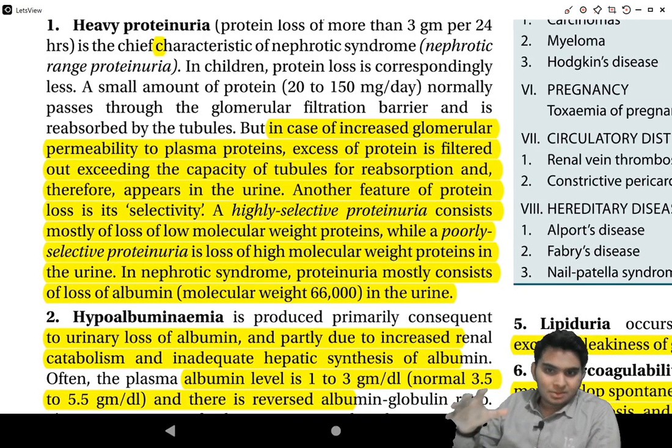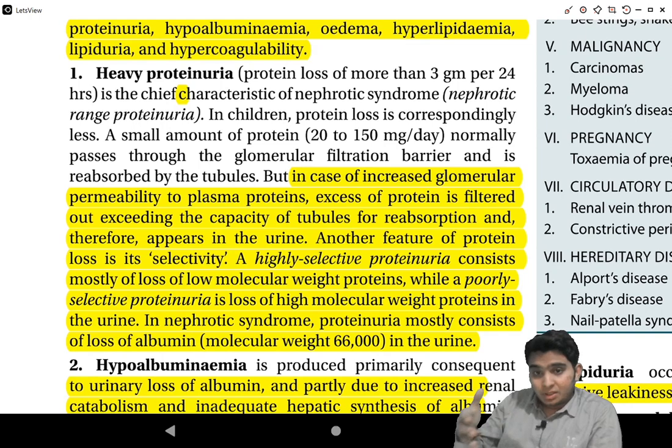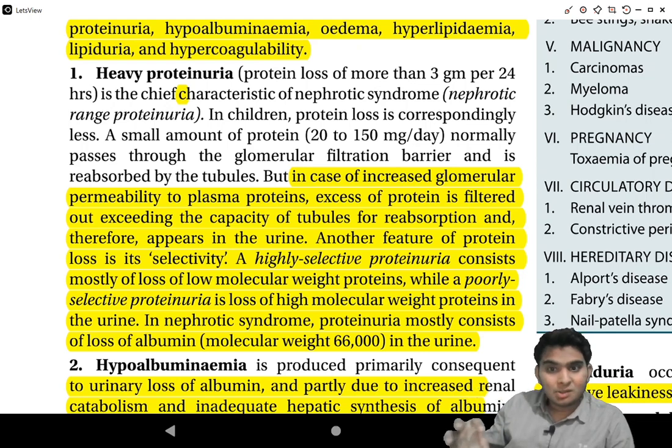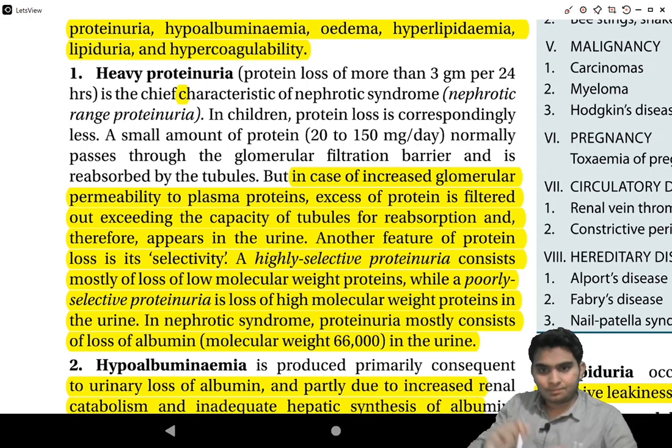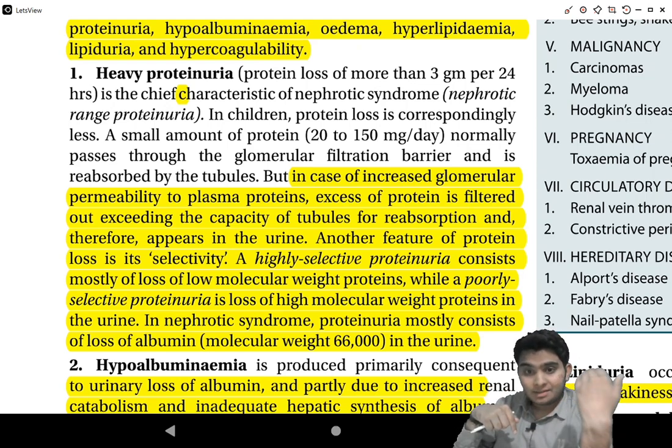So basically, the filtered protein is more, so that it will exceed the maximum range that the tubules can reabsorb.